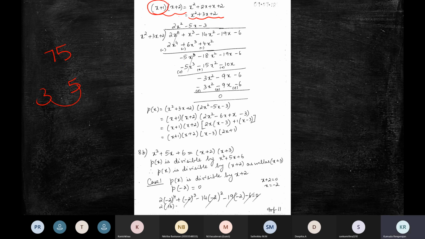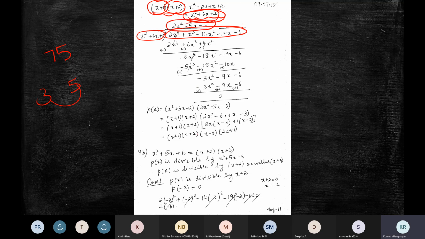This is a factor of p of x. This is a factor of p of x. So the product also will be a factor of p of x. So divide p of x by this quadratic factor, so it will give you a quadratic quotient.